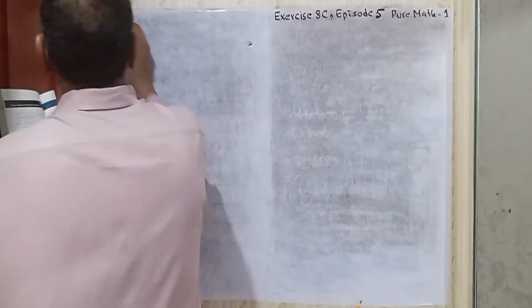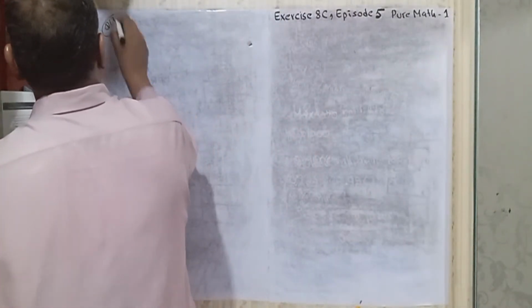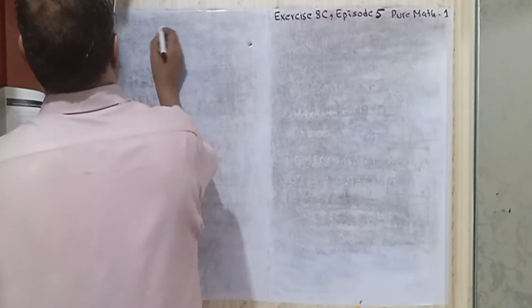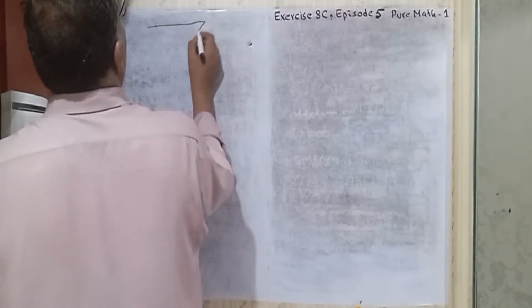First of all, it's like a prism, so let me draw. This is question number 13, and basically it is this shape.